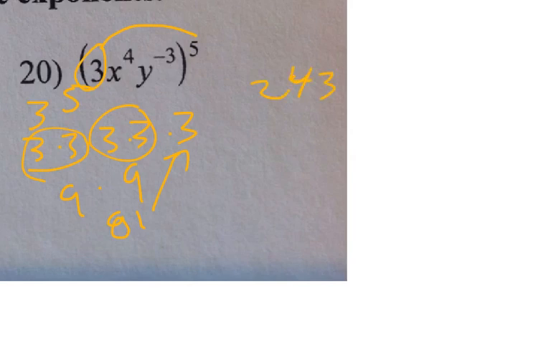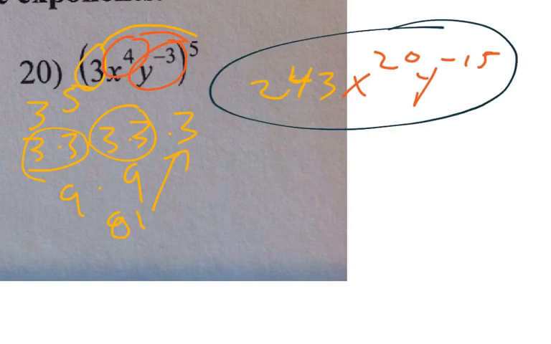243, okay? Now comes actually the easier part. I know x to the 4 right there, to the 5 power, is simply x to the 20, and I know y to the -3 to the 5 power is y^-15. So here's my answer. What's the only thing we don't like? Well, of course, we don't like negative powers.